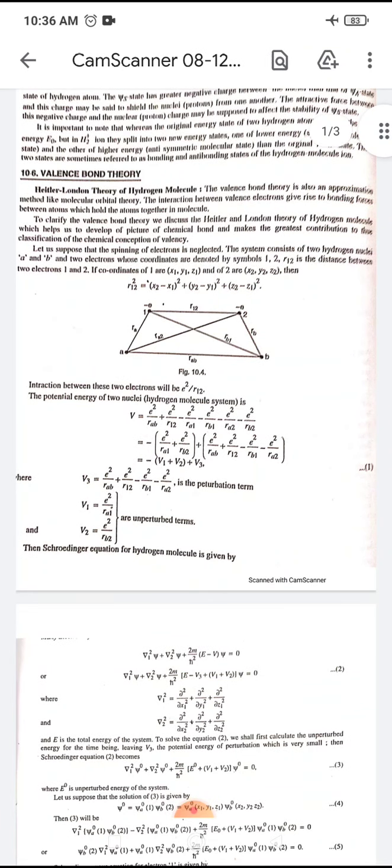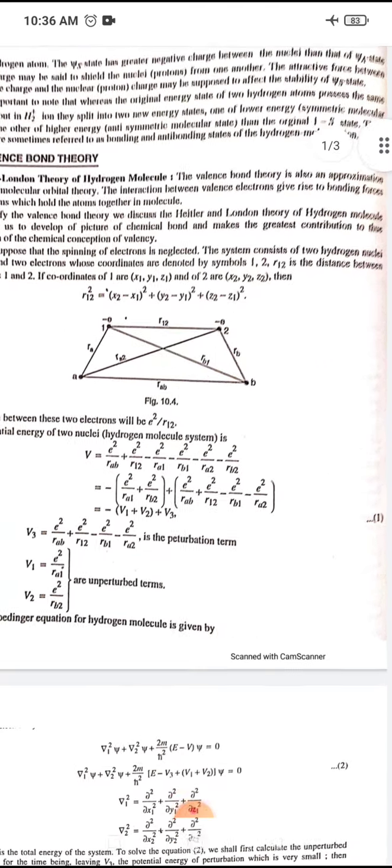Today we shall study valence bond theory, in which we shall study the London theory of the hydrogen molecule.